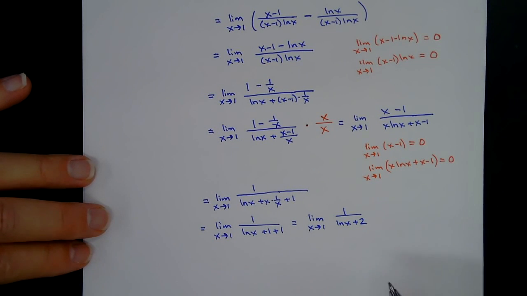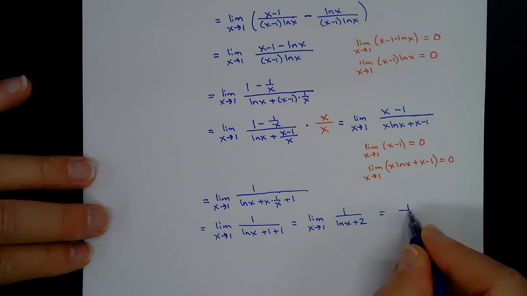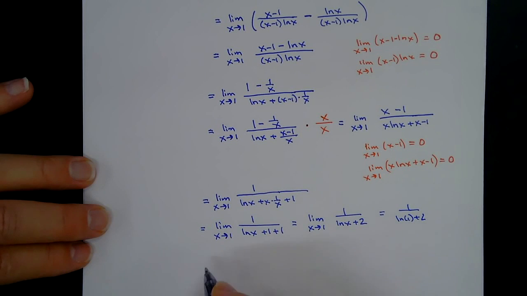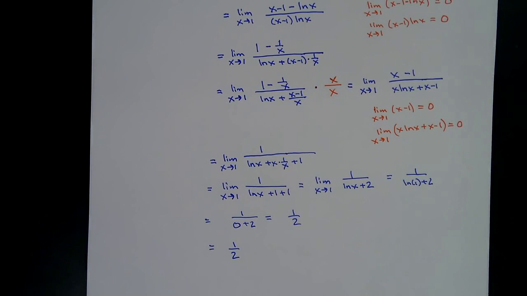And now we do the direct substitution. Ln of 1 would be 0. So this becomes 1 over ln of 1 plus 2, and that's 1 over 0 plus 2. So this becomes 1 over 2. All right, so this limit, from all of this work, turns out to be just 1/2.